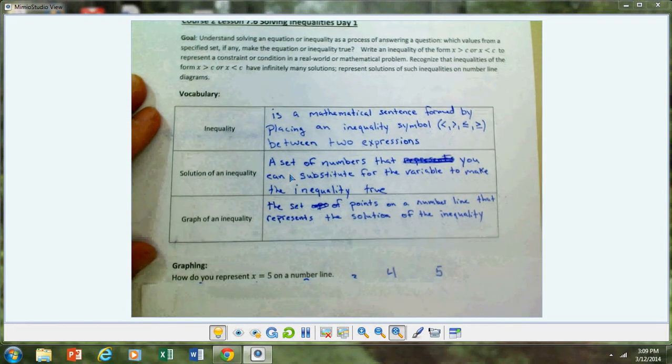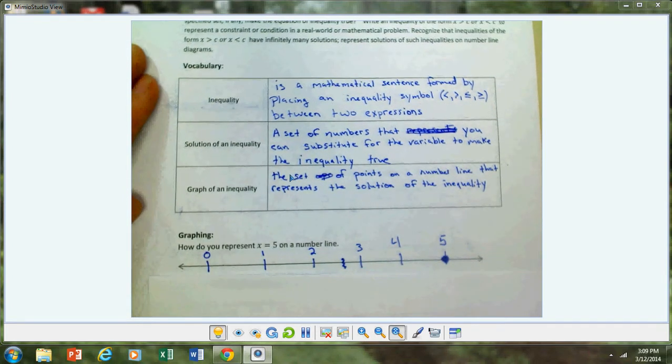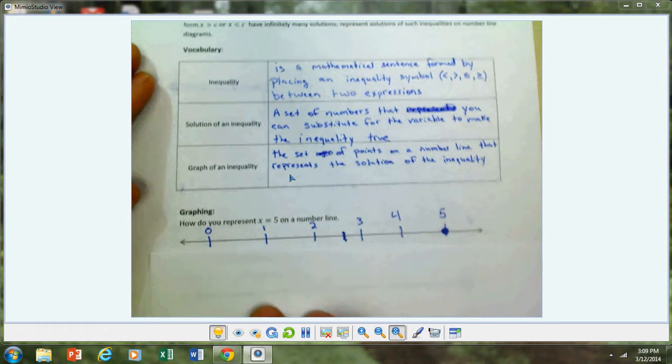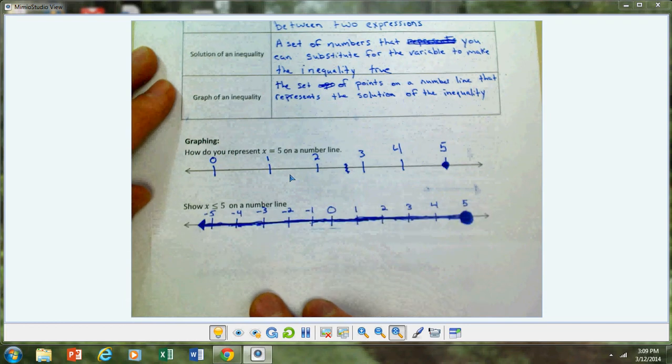So if I'm graphing x equals 5 on a number line, I have a filled in dot on 5 on my number line. If I'm graphing something like x is less than or equal to 5 on the number line, that's what it looks like.